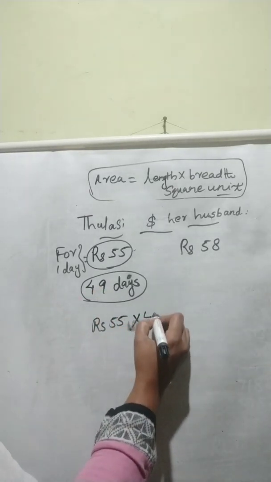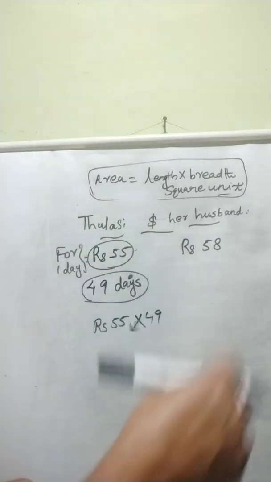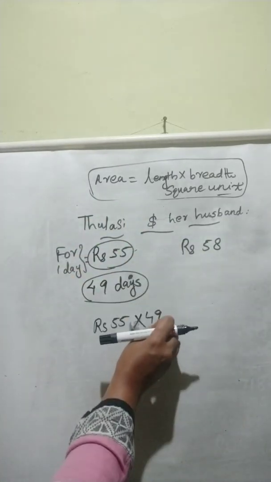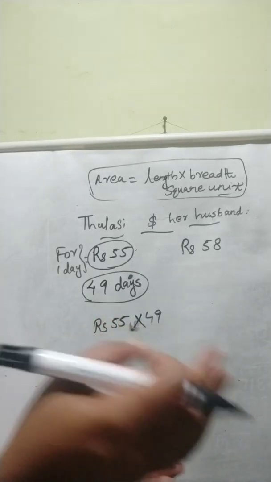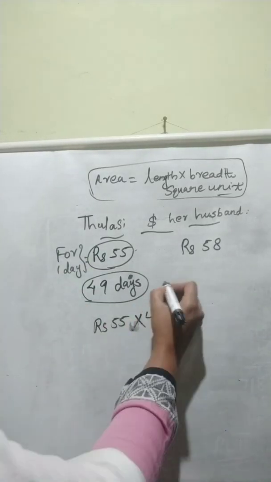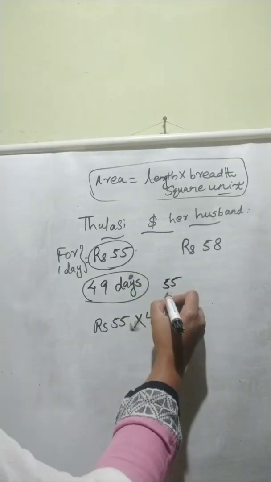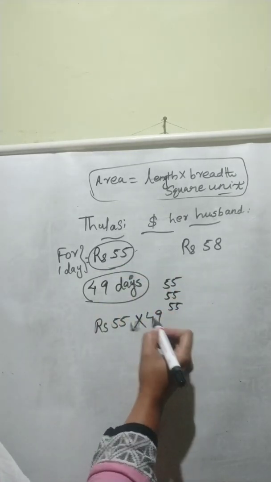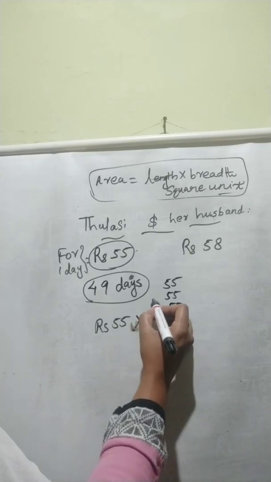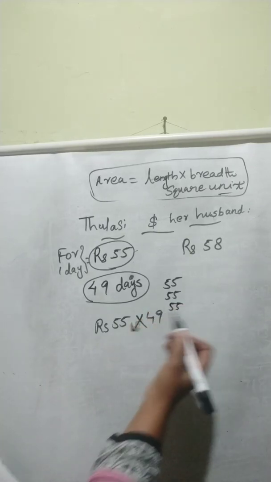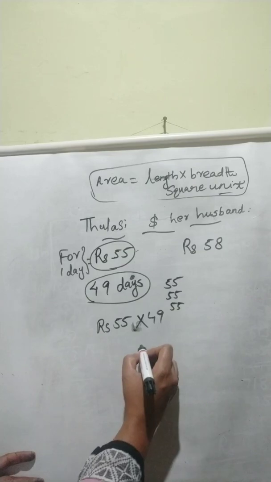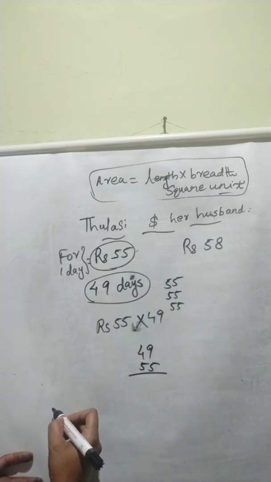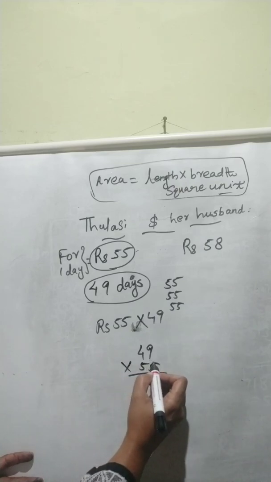That is Karunya needs to give 49 times 55, because the first day she came, 55 rupees. For the second day again 55 rupees. Third day again 55. So she worked for 49 days. So we multiply these two, 49 and 55.